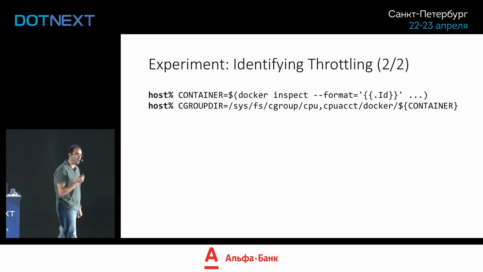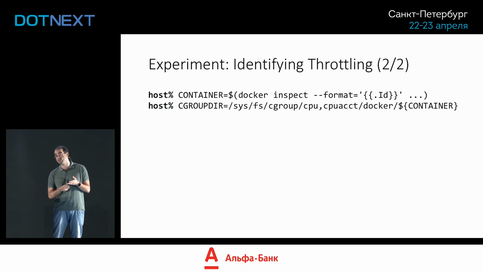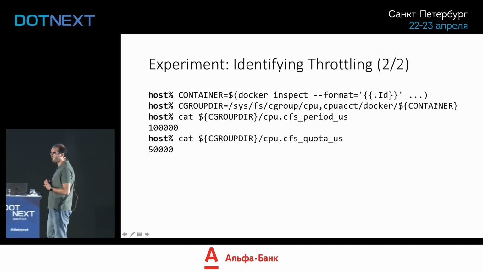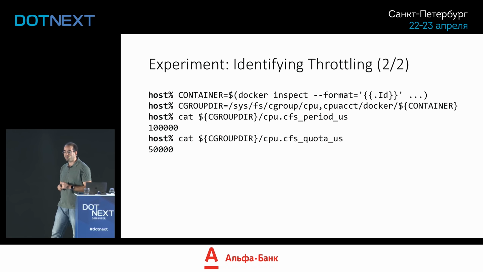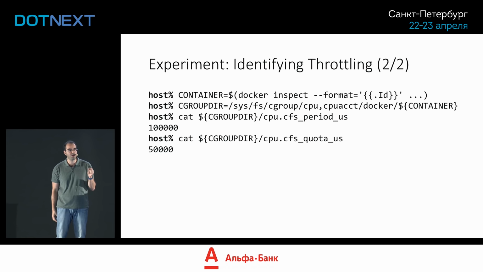The more container-specific way is just looking at the cgroup files. So the default place for cgroup files is sysfs cgroup. You can mount it wherever you want. And then if you find your containers directory in there, you'll find a bunch of interesting things. For example, this is how the half CPU was specified.